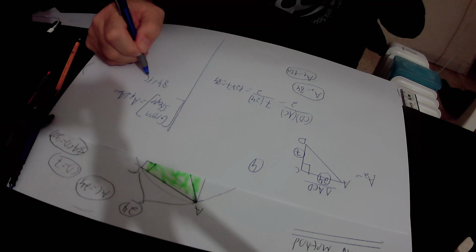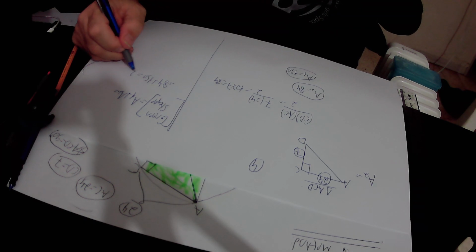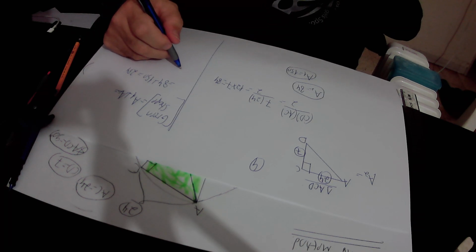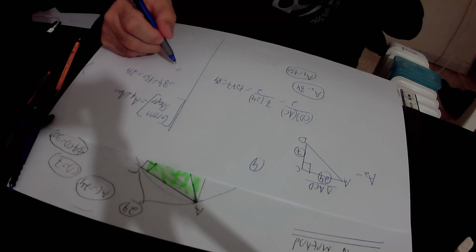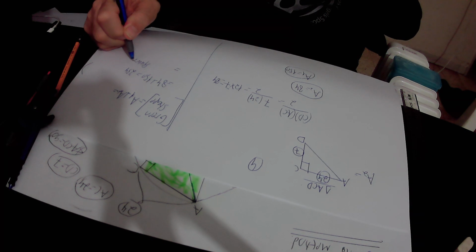That is 150 plus 84. In total it equals 234. So in conclusion, the area of the green shape equals 234 square units.